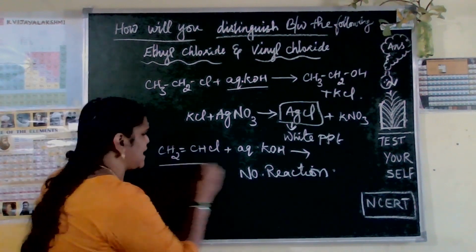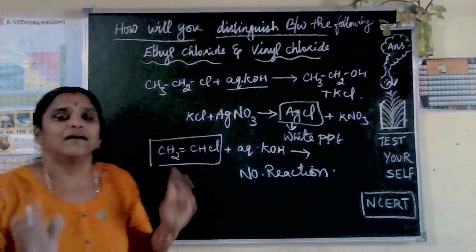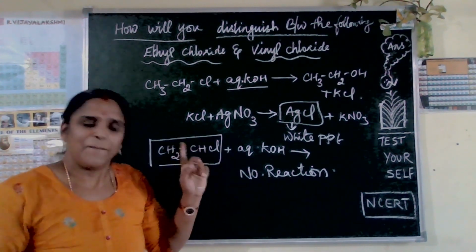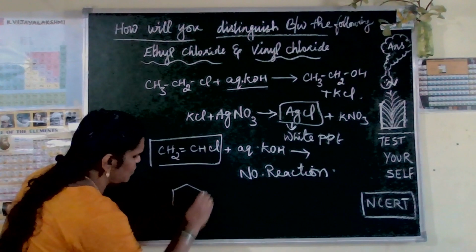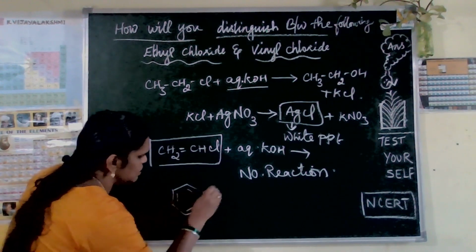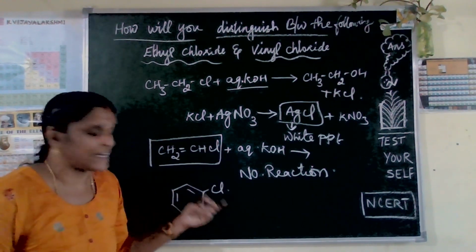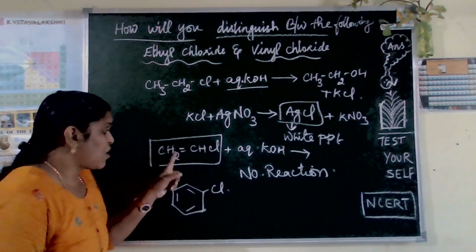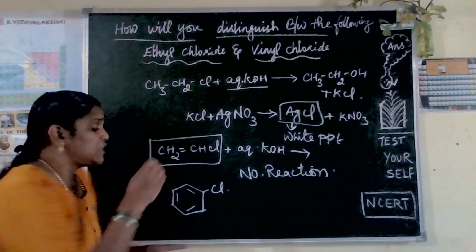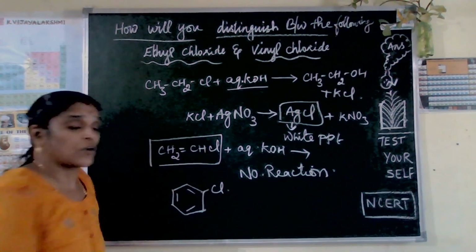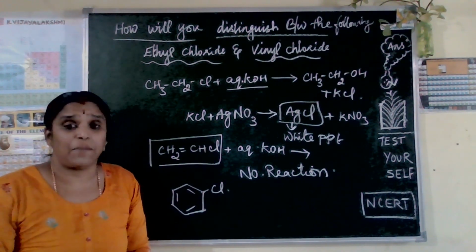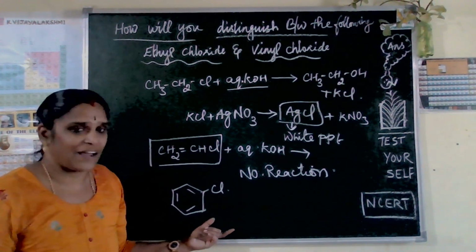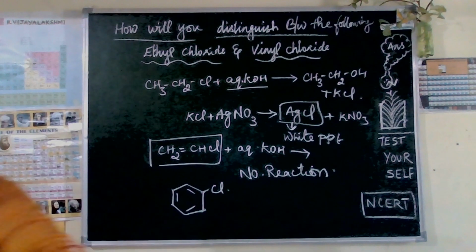Here also vinyl chloride, the main point is why it does not undergo it. In chlorobenzene, the benzene is connected with chlorine, and here also a double bond is there. So the carbon connected to chlorine has a partial double bond character due to resonance, so it will not undergo hydrolysis.